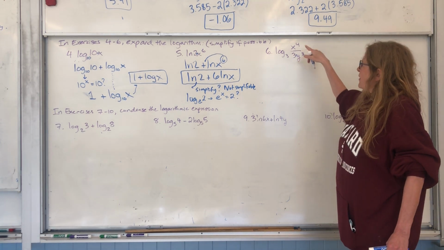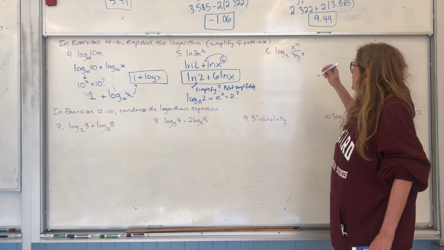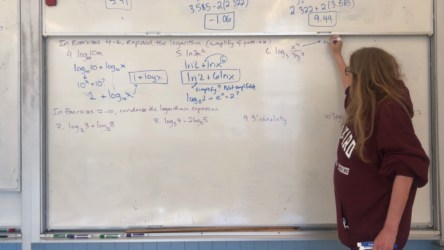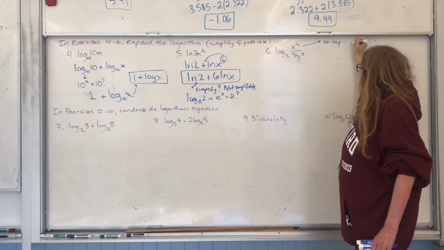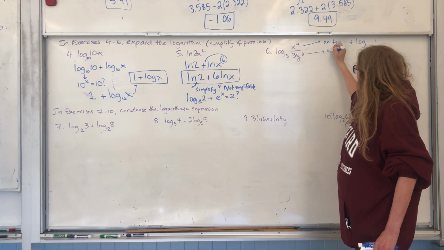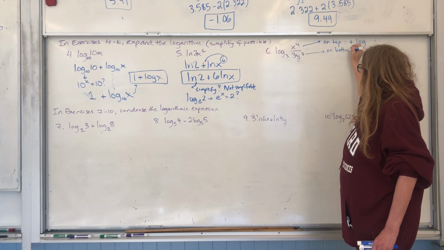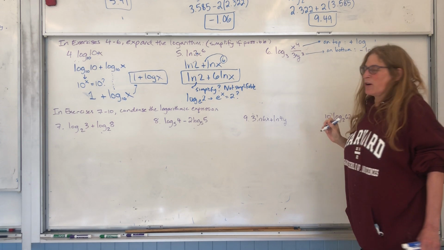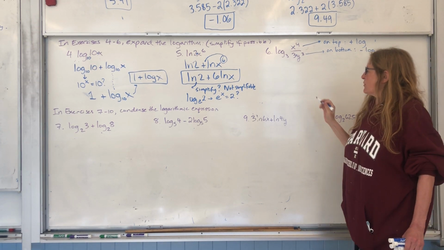Okay, here we've got product and quotient mixed together. So if I have something on the top, it's going to be a positive log. And if it's on the bottom, I'm going to have a minus log. Now that may be hard to conceptualize until I show you.